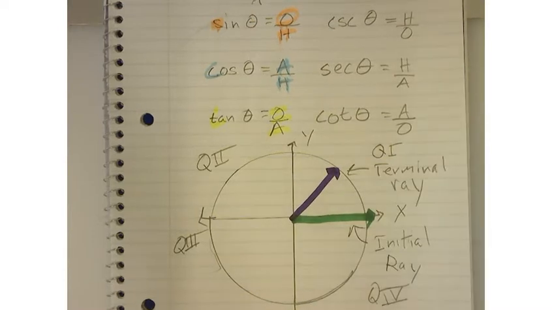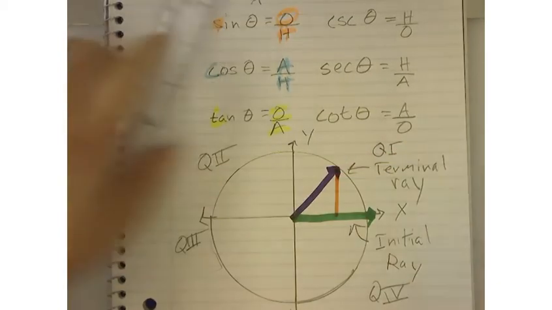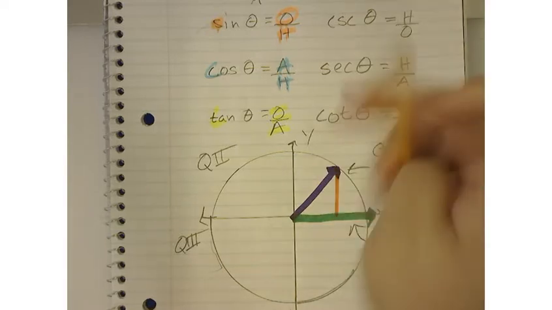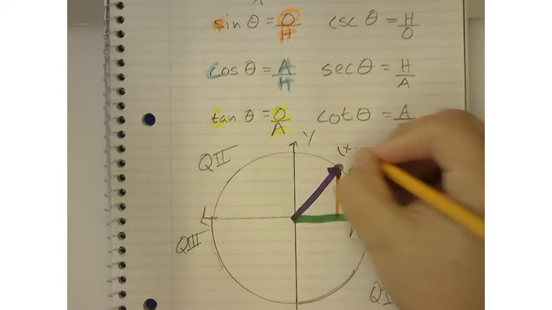A cool thing happens if I drop a vertical line from where this terminal ray intersects my circle. This point on the circle is represented by x comma y.